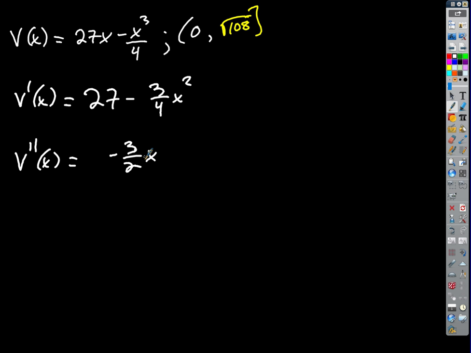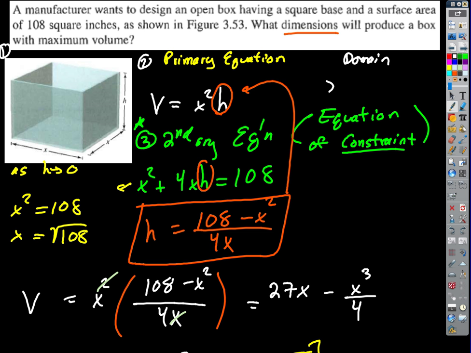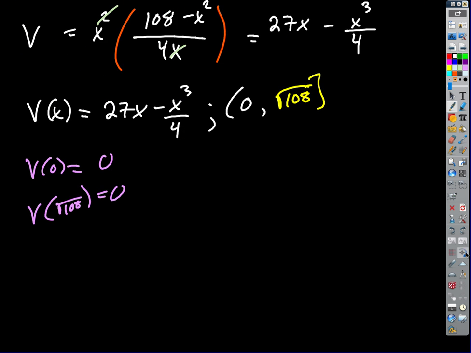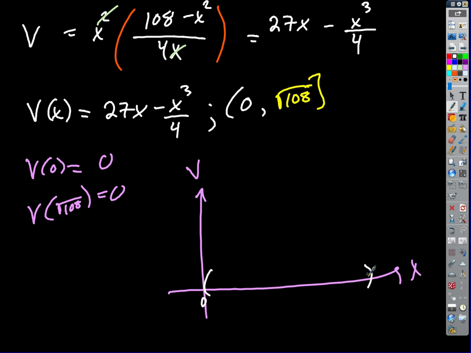So, makes sense, right? And we kind of already decided that conceptually, if we were to graph this thing, if that's V and that's x, and we're going from 0 up to the square root of 108.